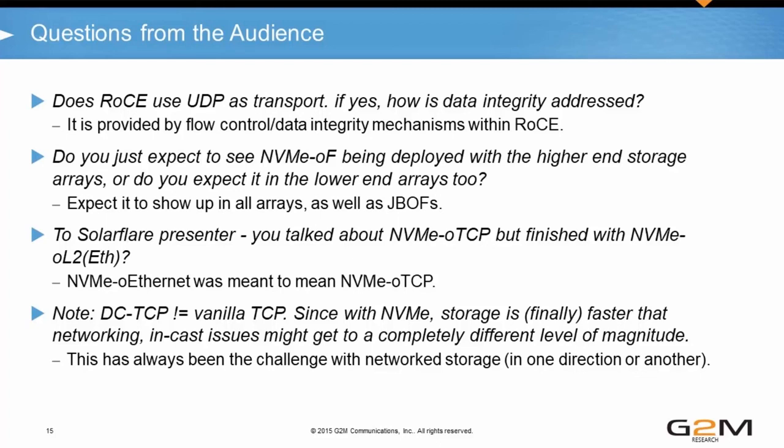Certainly, at what will soon be the typical 24 SSD JBOF, in terms of bandwidth it can saturate multiple 100 gig Ethernet channels relatively quickly. In terms of latency, SSDs are still at least on the same order of magnitude, if not somewhat slower than the transport between two devices on the same top of rack switch. Certainly, traffic management will remain an issue in the network world, but that's what it always has been.